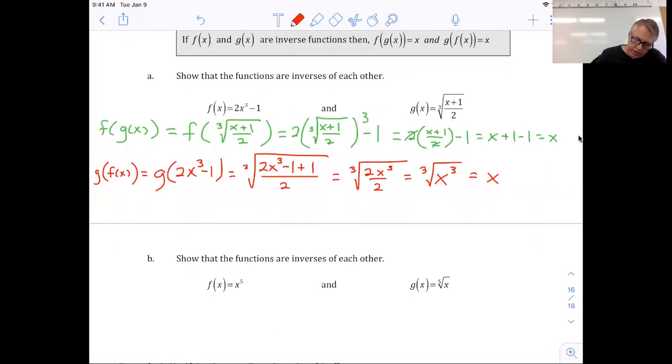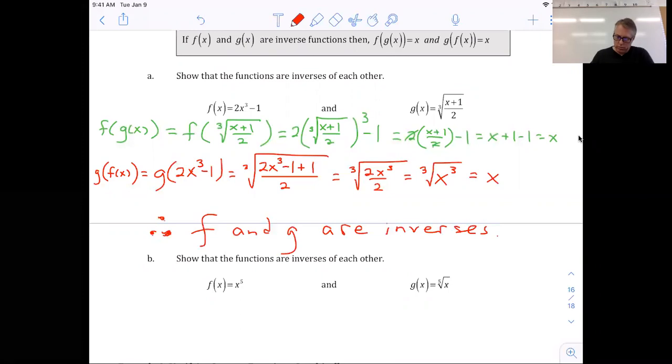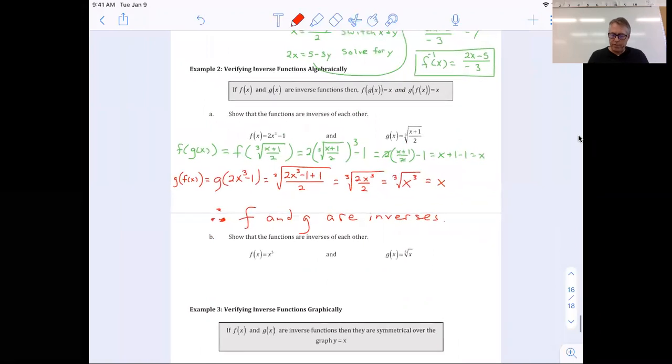And so we could say, these 3 little dots in math language means therefore, used in proofs quite a bit. Therefore, f and g are inverses. Okay, we showed that f of g of x equals x and g of f of x equals x.